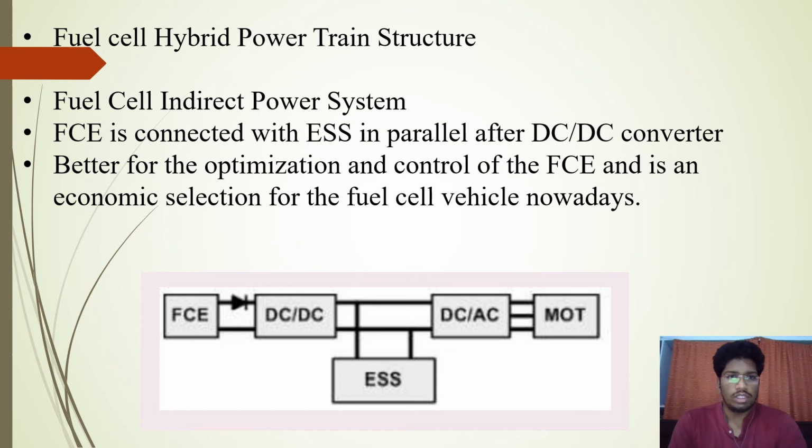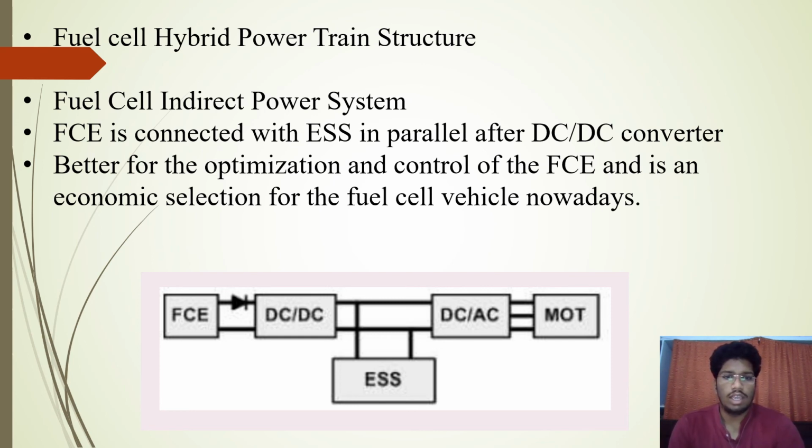When it comes to the supplier, the fuel cell hybrid powertrain structure is as shown in the figure. The fuel cell interacts with the power system. The FCE fuel cell is connected with the ESS in parallel after a DC to DC converter. This is better for optimization and control of the FCE and is an economic selection for the fuel cell vehicle nowadays.